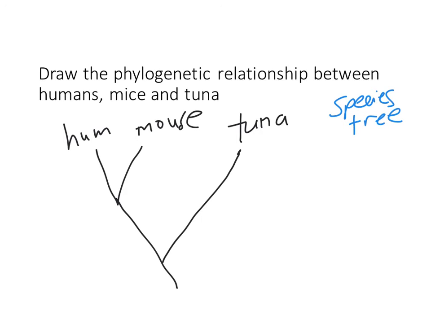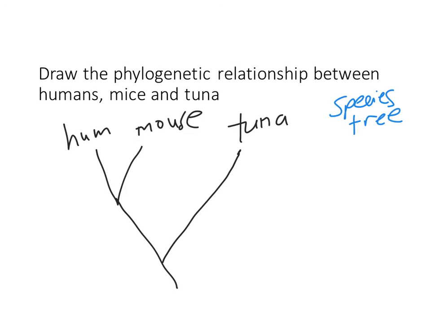And what was the evidence that you used to create this hypothesis? Because who knows, tuna might be my great-great-great-grandfather. What piece of evidence did you use to create this tree? We already said it. Which species is most related? Well, what character, what trait, what phenotype do we use to know that humans and mice are more closely related than we are to fish?